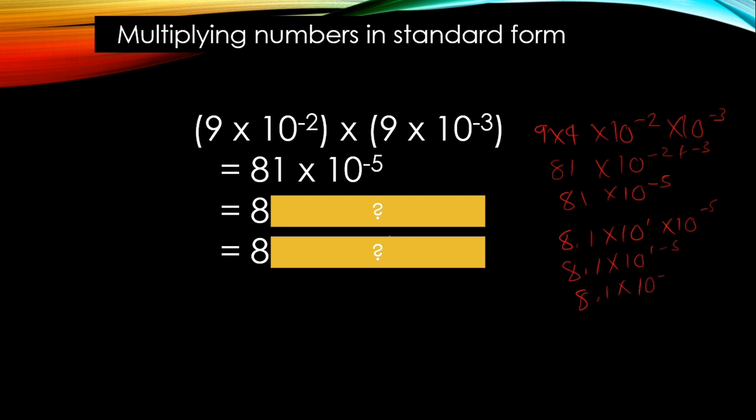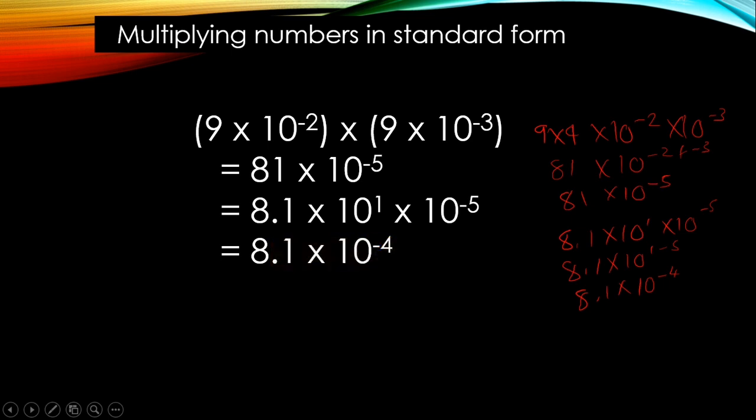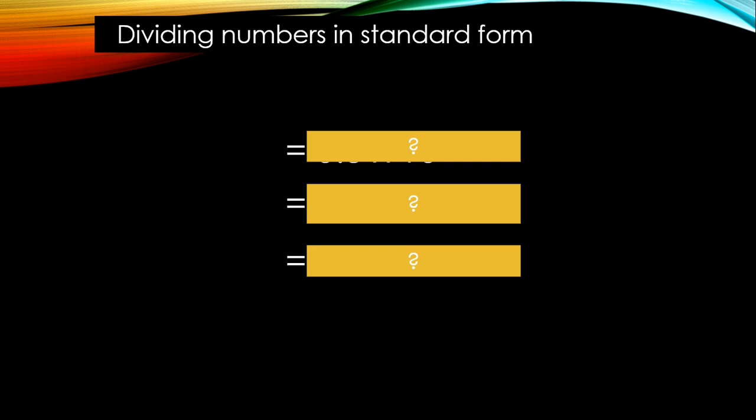This would be 8.1 times 10 to the power minus 4. So this step here is the same step as this one, and then we added another step, and the final answer would be 8.1 times 10 to the power minus 4. Just take a second to absorb that.